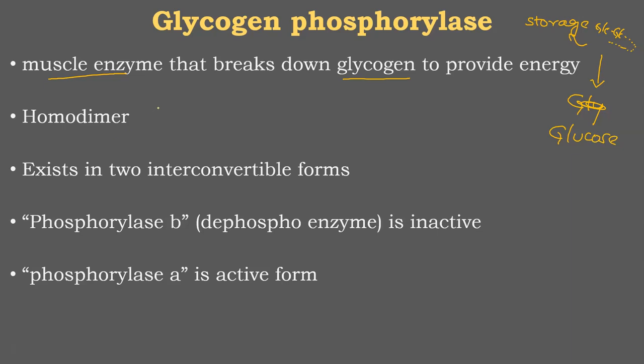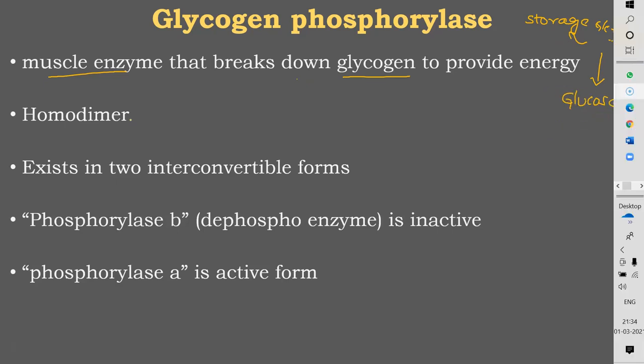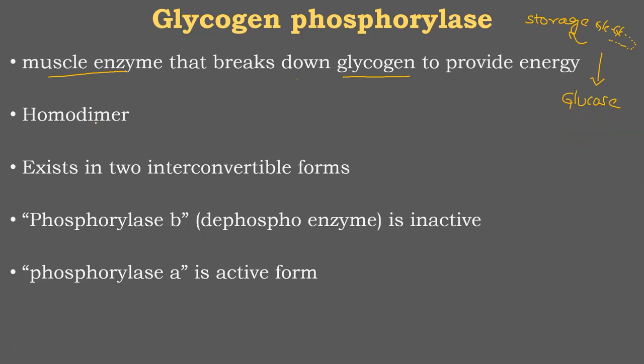This glycogen phosphorylase has to operate only under certain conditions, when there is no energy in the cell. This glycogen phosphorylase is a homodimer. Homodimer means what? It contains two subunits, and they are homo, meaning identical.